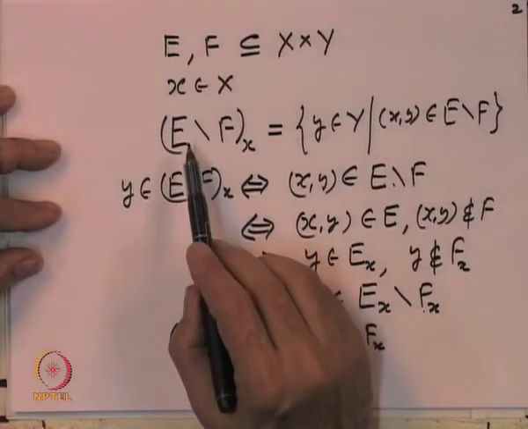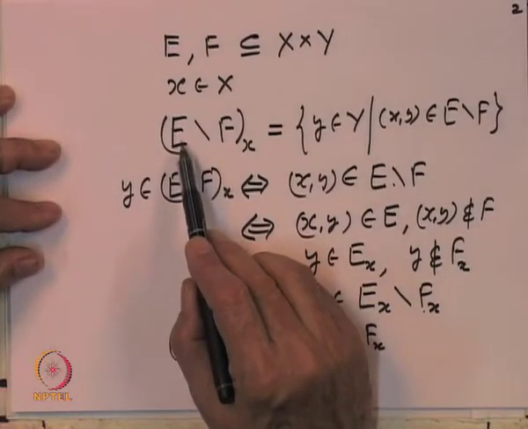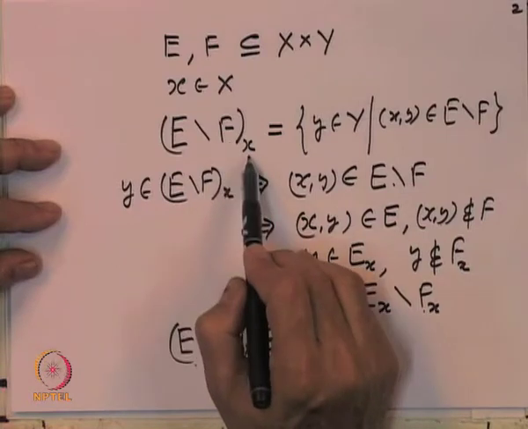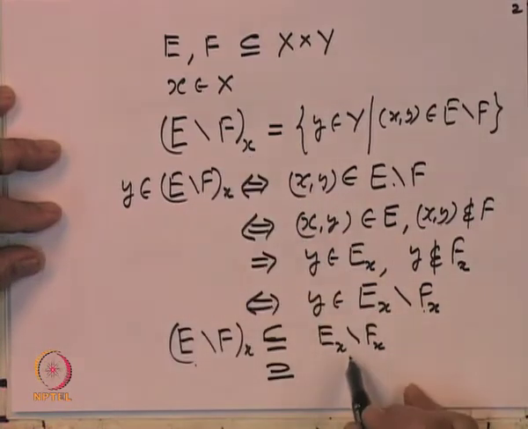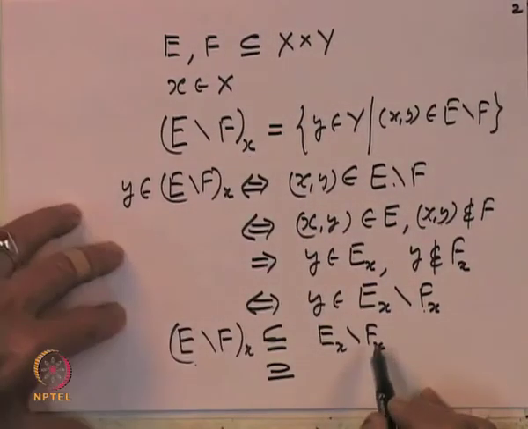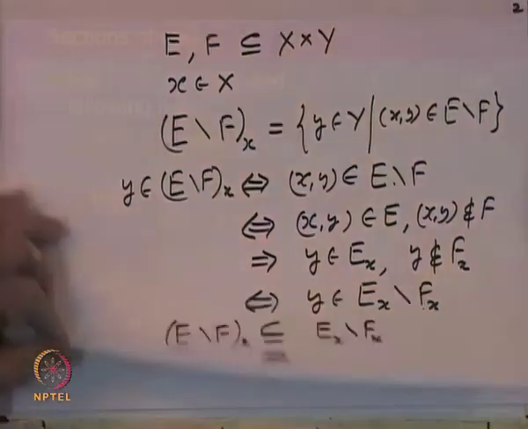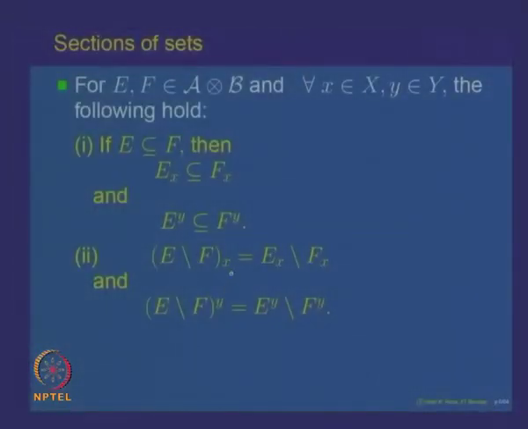So it says that if you take the difference of E with F and then take the section at x, that is the same as taking the sections first and then taking the difference. That is at the point x. A similar proof will work at y: if you take the difference of E with F and take the section at y, it is the same as first taking the section and then taking the difference of the corresponding sections at y.